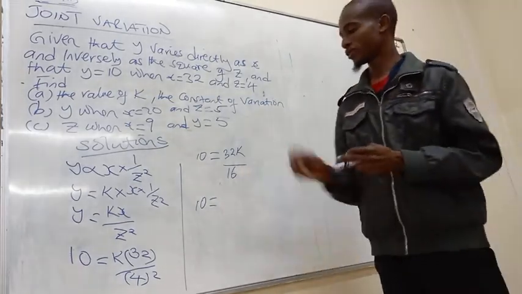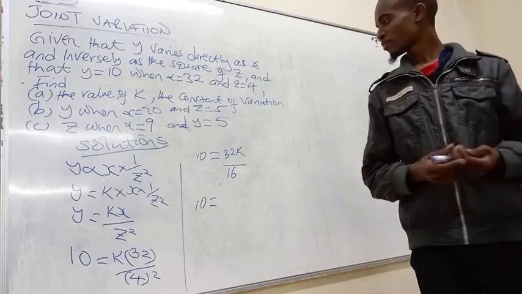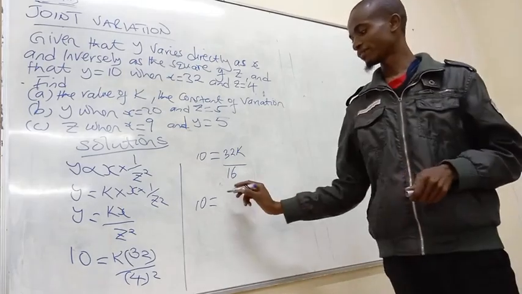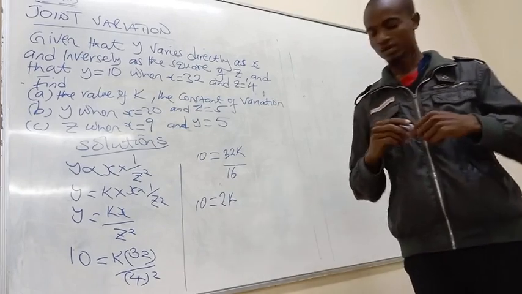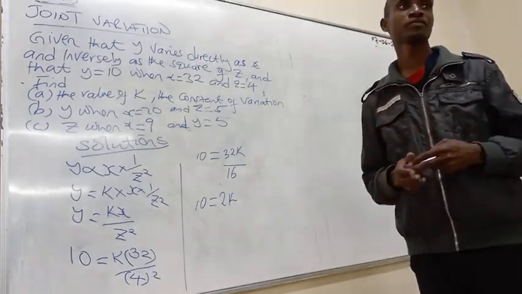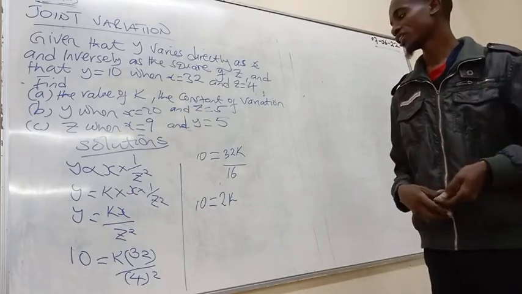Look at 16 into 32. Does it go? Yes, 2 times. So it will be 2k. We make k the subject of the formula.